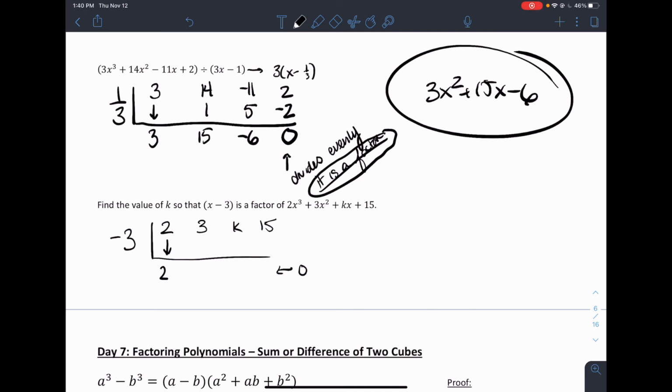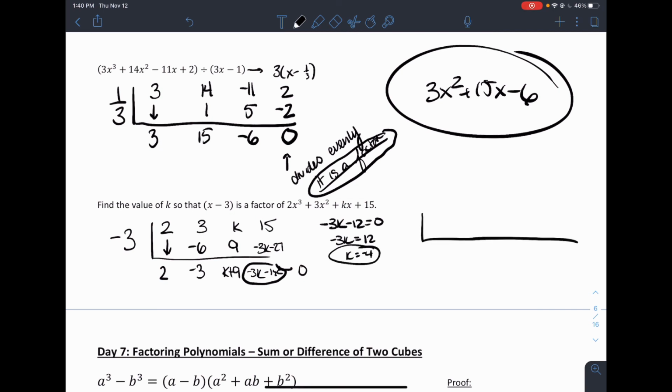Negative 3 times 2 is negative 6. Add these and get negative 3. Negative 3 times negative 3 is 9, so this is k plus 9. Negative 3 times k plus 9 is negative 3k minus 27. Add these, negative 3k minus 12. I want this to be 0, so negative 3k minus 12 equals 0. So negative 3k equals 12, so k equals negative 4.